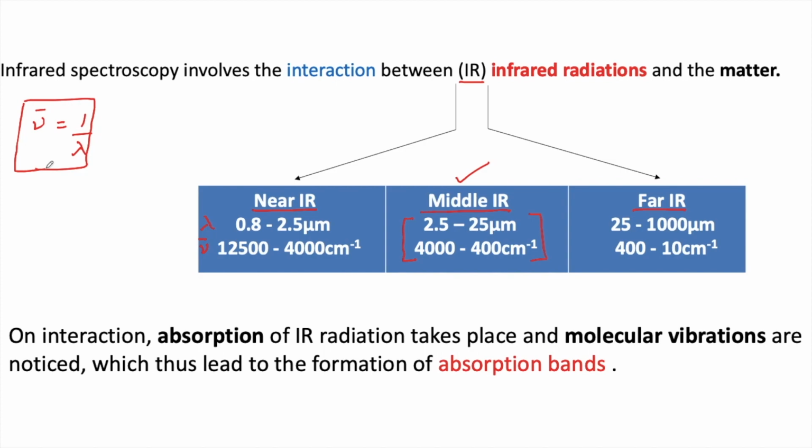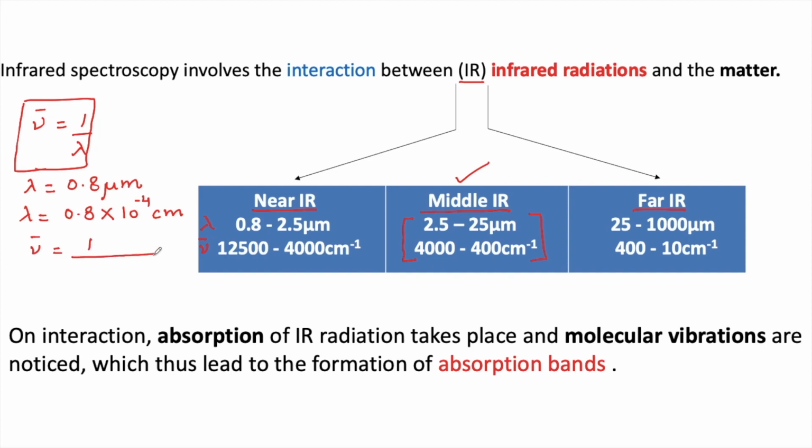Let me do one for you. So for example, the wavelength is 0.8 micrometers. In the first step, we will convert this wavelength from micrometers to centimeter by multiplying with 10 to the negative 4. So now we have got the wavelength in centimeters. Now using the above expression, we can express this wavelength in terms of wave number.